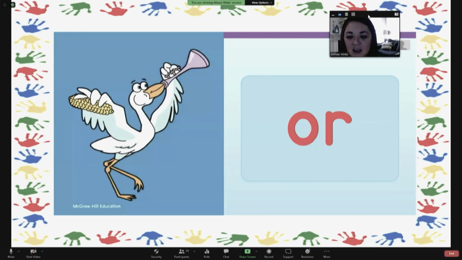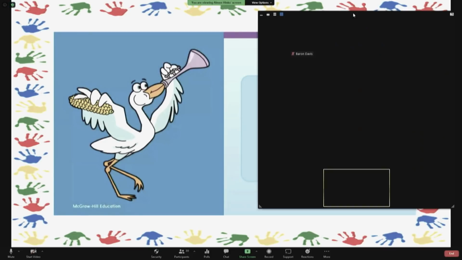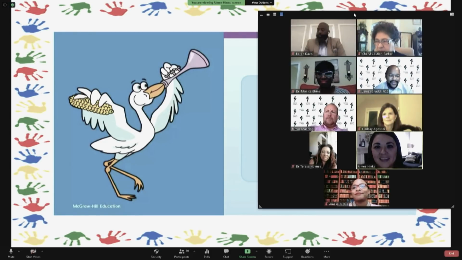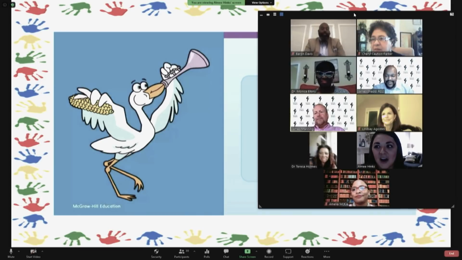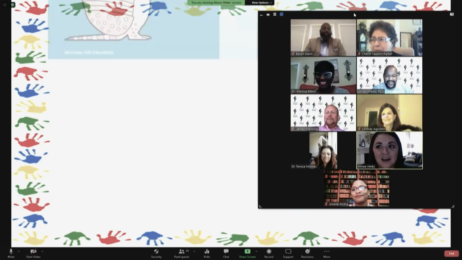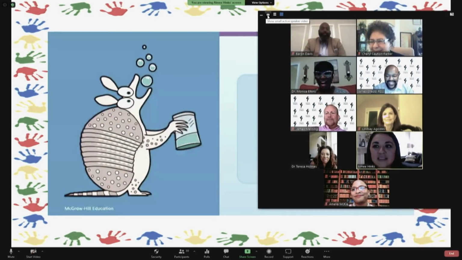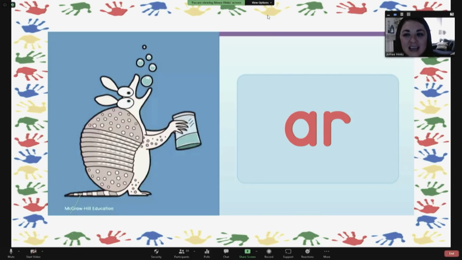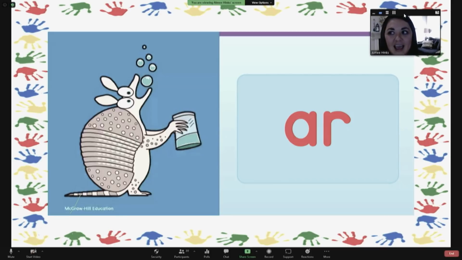But if you didn't, go ahead and give me a drum roll. Unmute your microphones and give me a drum roll. Our sound spelling card is the armadillo card. And the armadillo card reminds us of the R sound. And we know that when we hear that R sound in words, we spell that A-R.